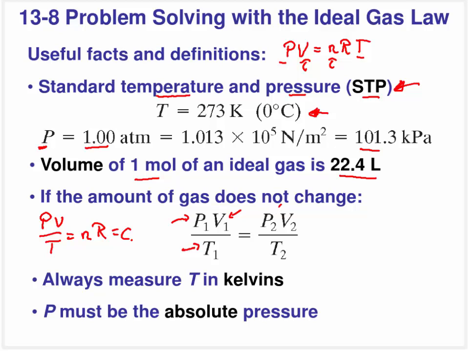That's going to be equal to the same constant as the final pressure, final volume, and final temperature of the gas. Again, it's very important that temperature is in Kelvin and not in Celsius. Something else to be careful of is that the pressure is going to be an absolute pressure, by that I mean not a gauge pressure.